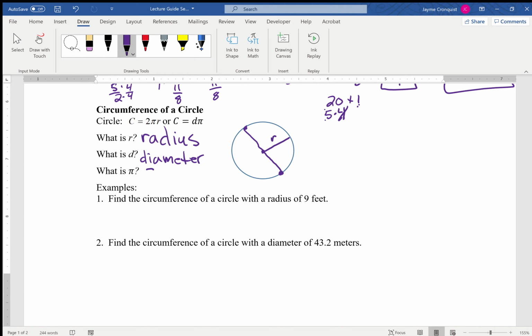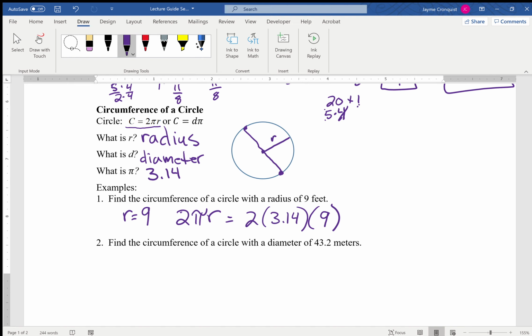What is pi? We will generally use 3.14. You are welcome to use the pi on your calculator if you have one. All right, so find the circumference of a circle with a radius of 9 feet. If they give us radius, we want to use 2 pi r. So we're going to have 2 times 3.14 times R, which is 9.